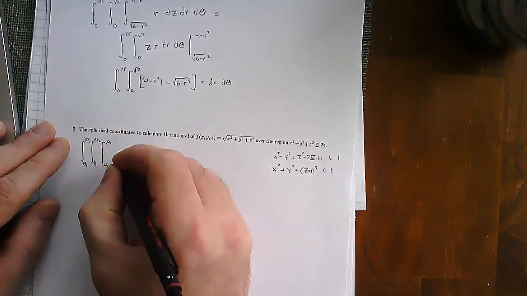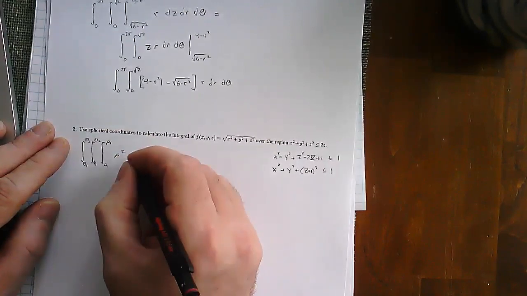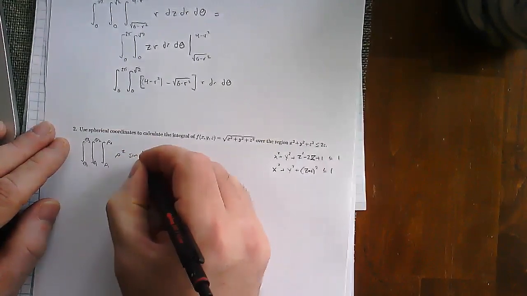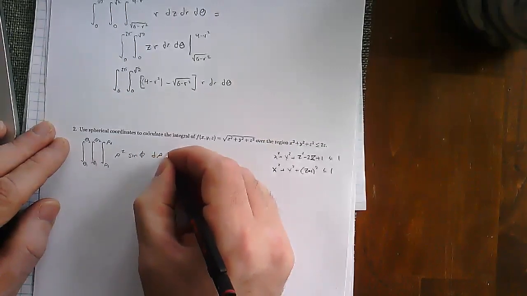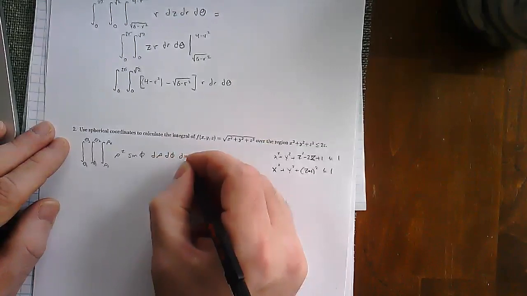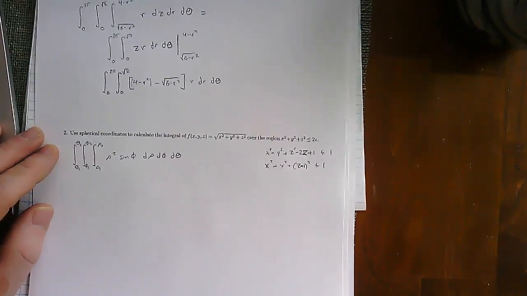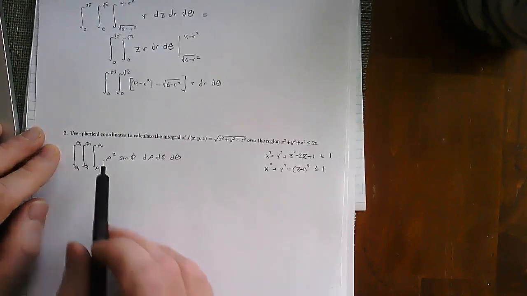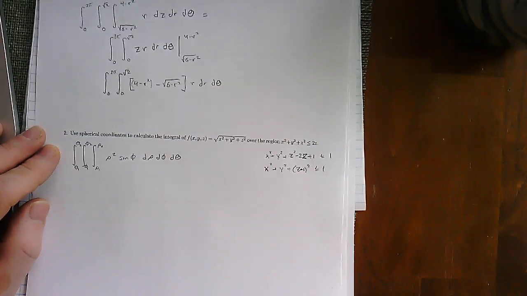And then our conversion factor is rho squared sine phi d rho d phi d theta. Right, that's the general form for our change of coordinate system triple integral here. All right, so now what we need to do is figure out what that means for this particular problem.